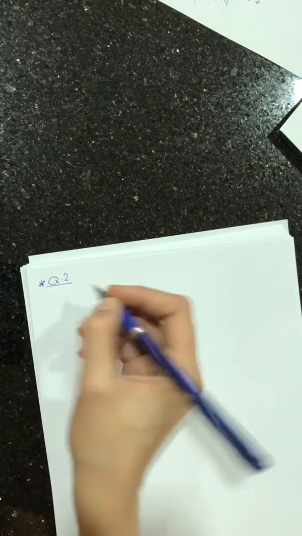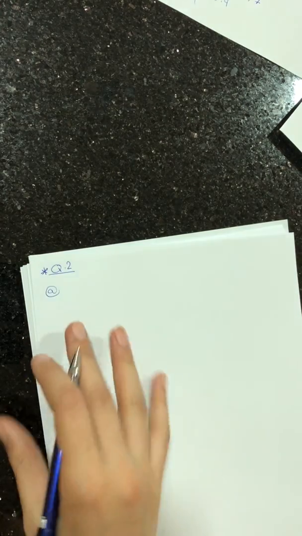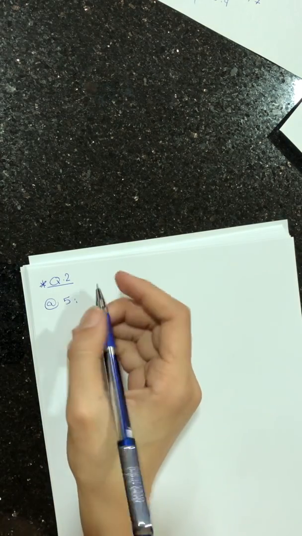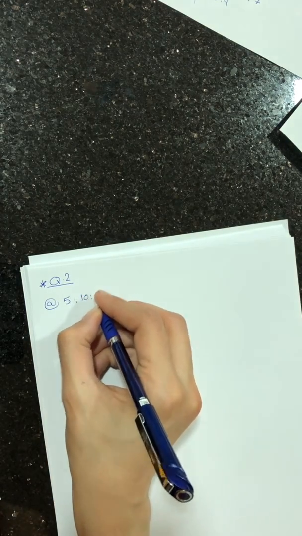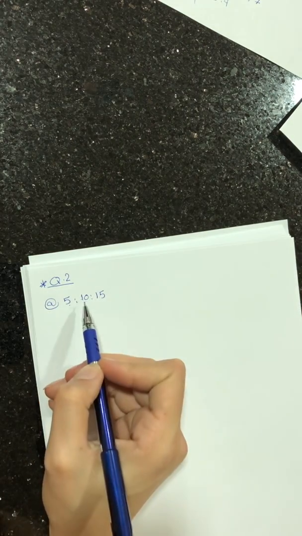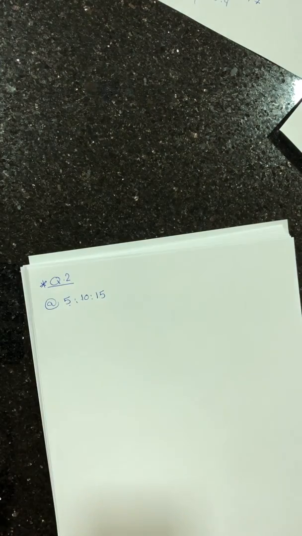In the same page, 141. Question 2 is asking you to simplify ratios that are comparing more than 2 quantities. I have 5 to 10 to 15. I have here 3 numbers. I'm comparing this number to this number to this number, but if I'm asked to simplify the ratio, it'll be the same way.